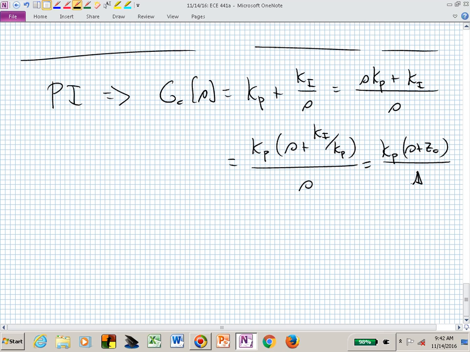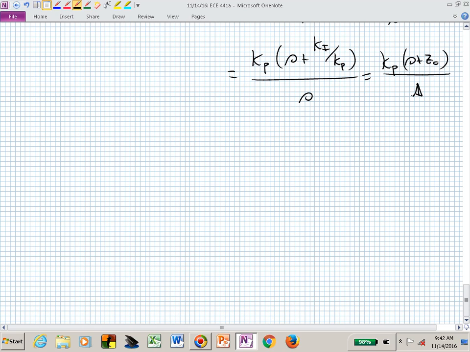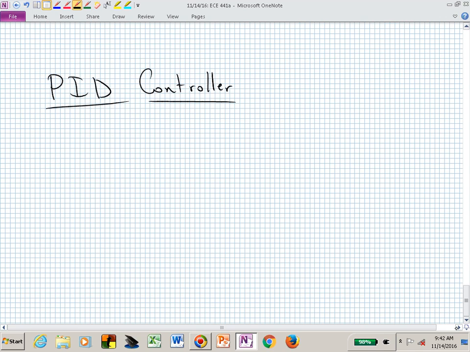Let's do this same idea, but let's also introduce an additional piece, which is the derivative piece. And the reason we want this is for that integrator piece. And the derivative piece just helps us change the transient behavior a little bit more.